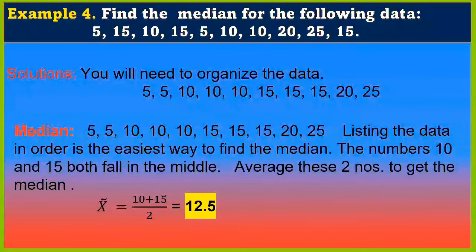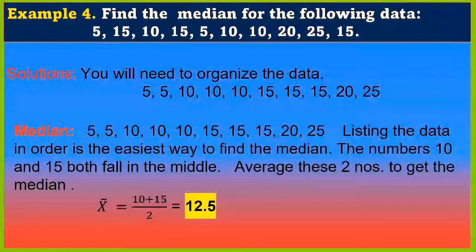The numbers 10 and 15 both fall in the middle. It is because in our set of data, by counting it, the number of values is even. So therefore, there's no exact middle value in this set of data. So what we are going to do, class, is add these two data that are considered to be the middle.